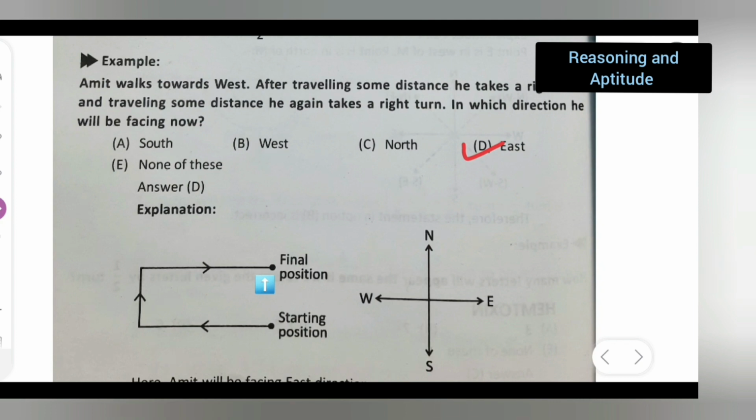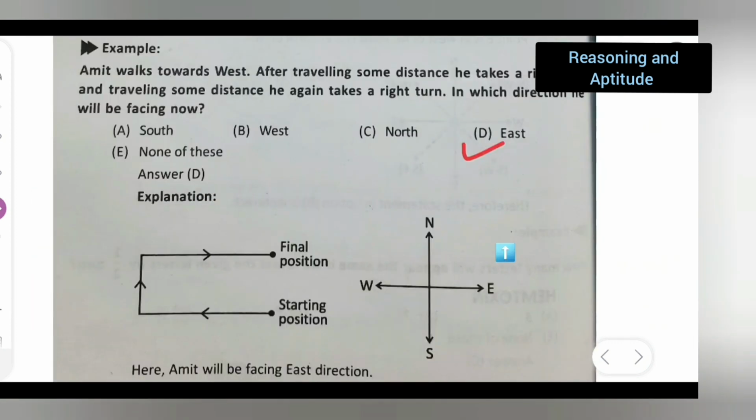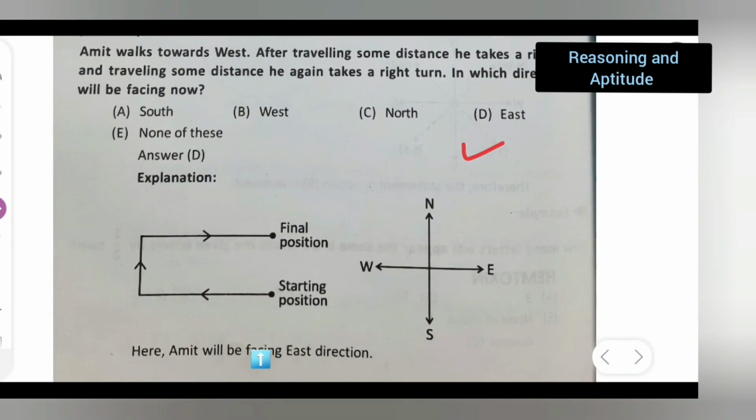In which direction will he be facing now? If he is moving like this, going towards the north and then coming back towards the east side, this is the explanation part. Now you can take this down. Therefore you can say Amit will be facing the east direction here. So this is the correct option.